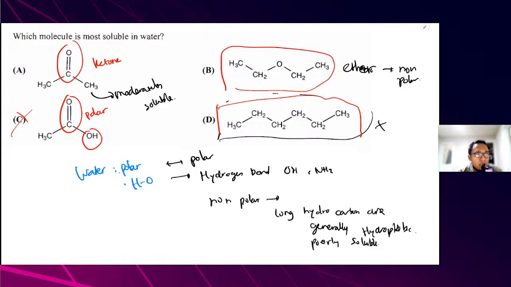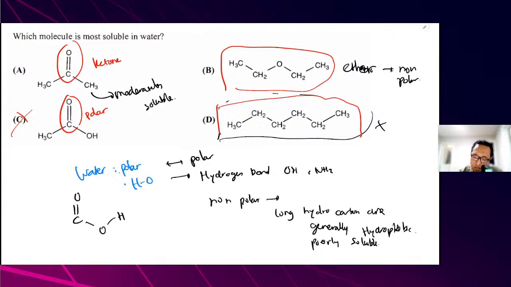If we break it down, it will be CO and OH, and the OH group can hydrogen bond as a donor or acceptor. So it's very hydrophilic.